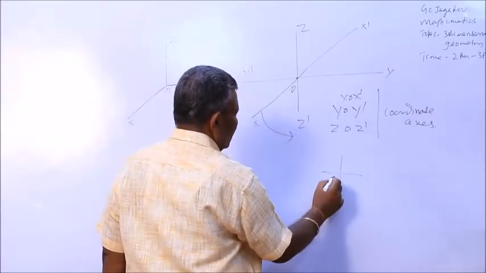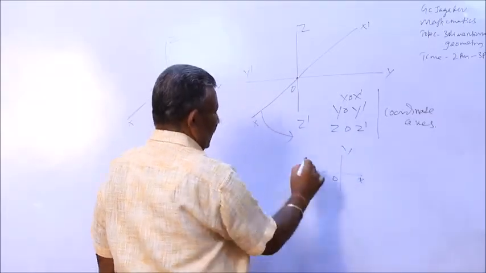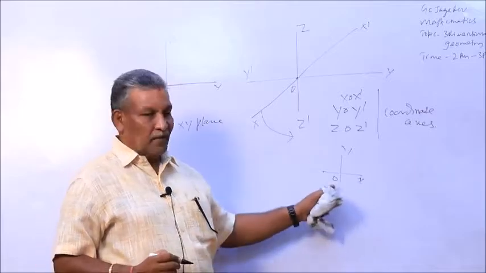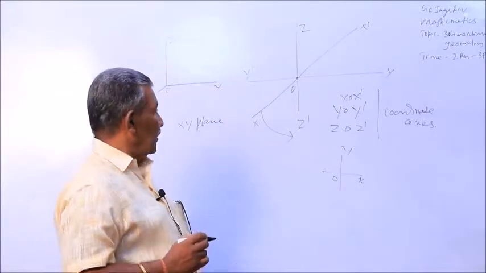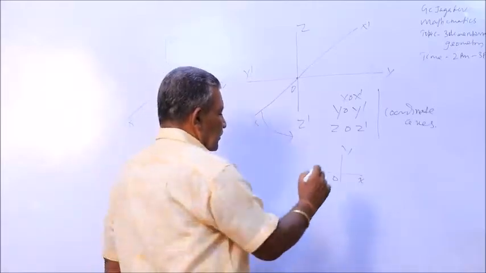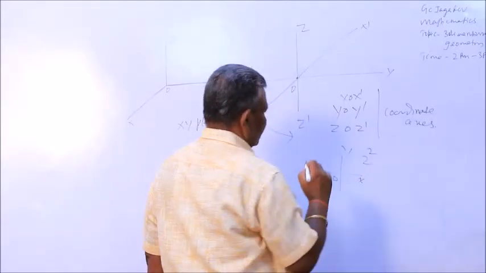In two dimensions, what are you doing? You have split this coordinate plane or Cartesian plane into four parts and each of them is called a quadrant. Four parts means 2 squared.